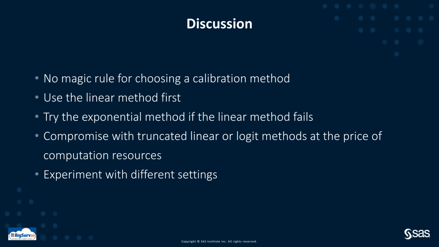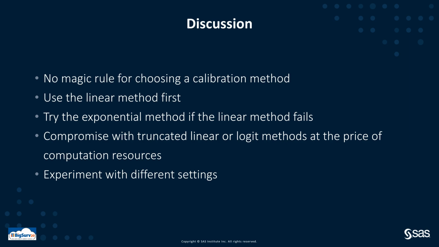But the linear method can sometimes yield negative calibration weights for some data. In that case, the second choice is the exponential method. The truncated linear and the LOGIT methods modify the linear and the exponential methods by setting lower and upper bounds to avoid the negative or extreme weights.